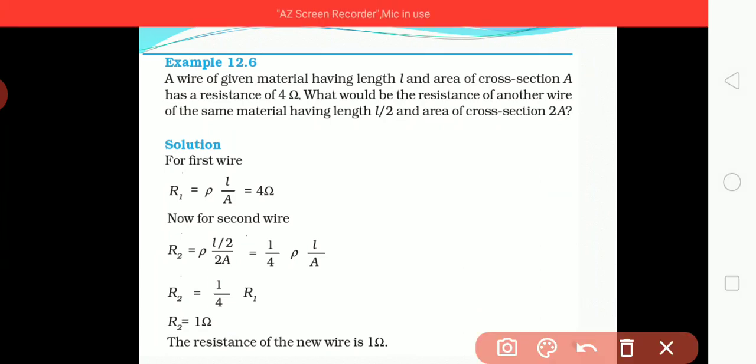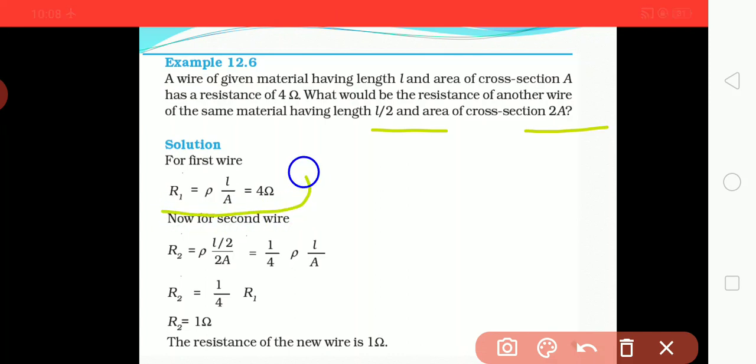Now the example 12.6. A wire of a given material having a length L and area of cross section A has a resistance of 4 ohm. What will be the resistance of another wire of the same material having a length L by 2 and cross section area 2A?